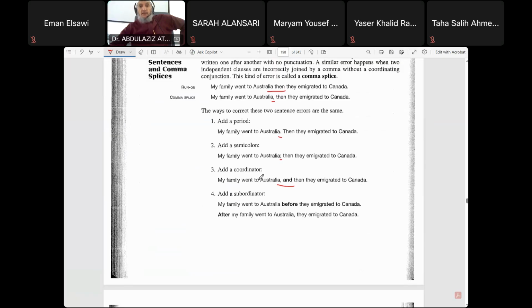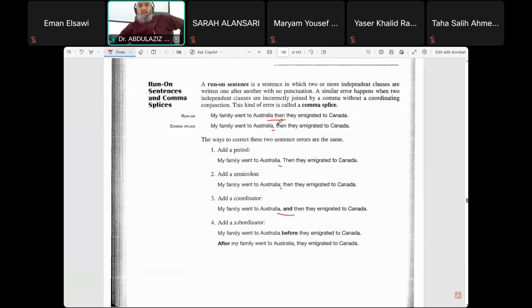Because when he wrote then here, then is not a linker. We didn't list it under any type of coordinator. So, doctor, when we have a full independent sentence, we cannot put a comma. You mean one independent clause or two independent clauses?